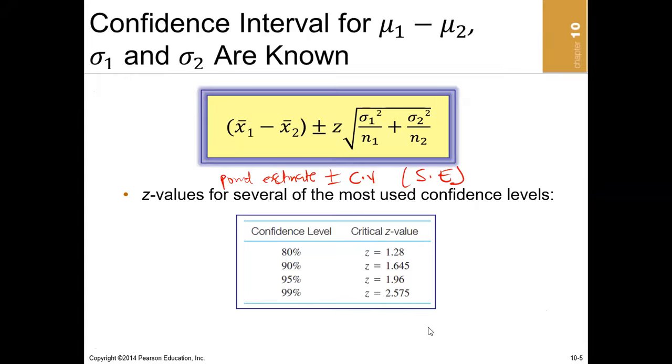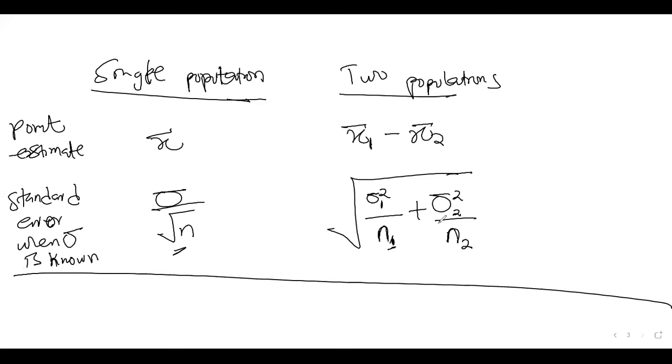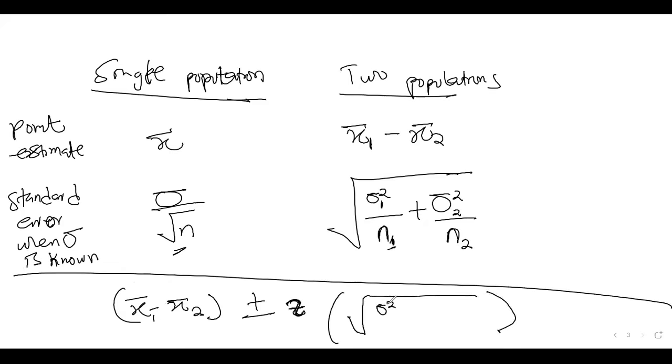In this situation, remember that for two populations, the point estimate is the sample mean of the first population minus the sample mean of the second population, plus or minus the critical value, which will be the Z. And then the standard error obviously is this one here: the square root of this one over N1 plus this one over N2.